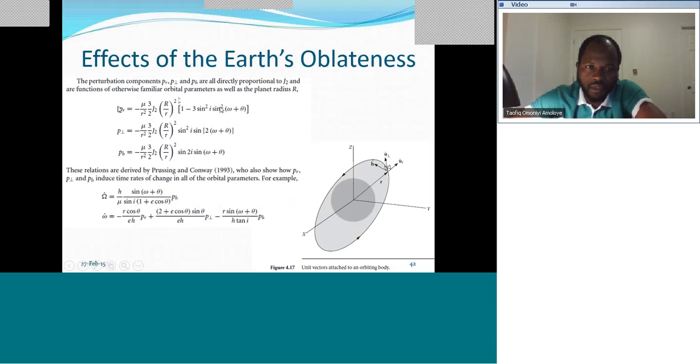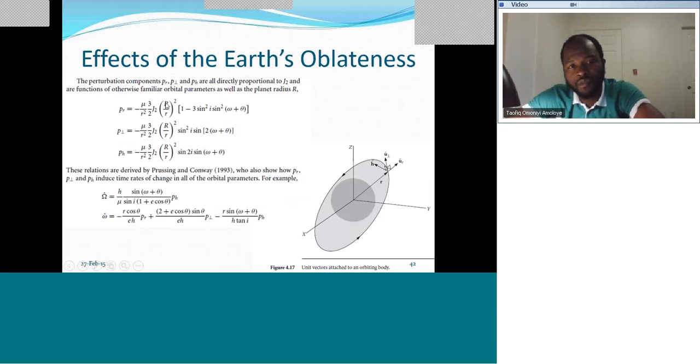So with these equations, we see that the components of the perturbing acceleration are functions of J2 and the orbital elements that we are already familiar with, such as the inclination, argument of the perigee, the true anomaly, and of course it's also a function of the radius of the Earth, or any other planet that we may be concerned with.